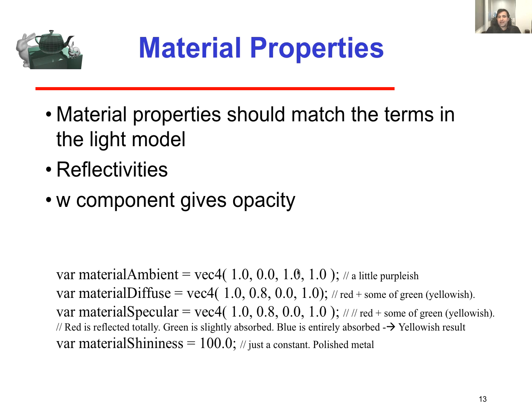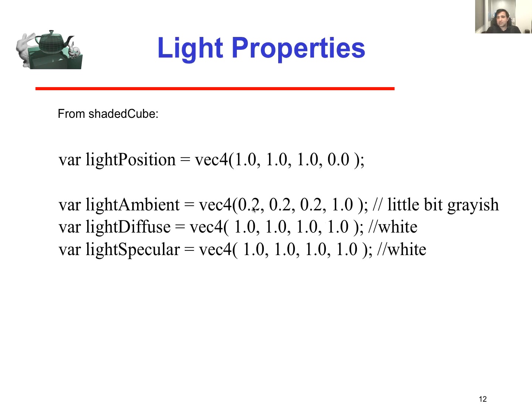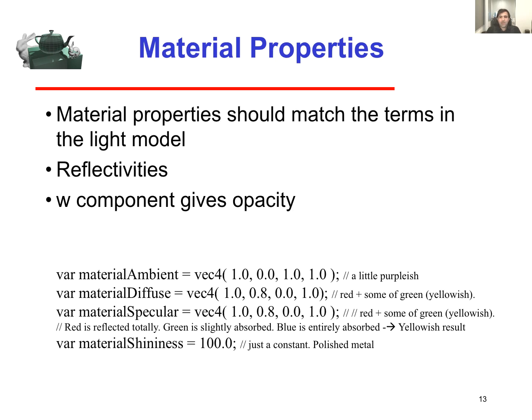Therefore, we're going to have a small amount of red, a small amount of blue, and that's going to give a little purplish color. And this purplish color is not going to be dominant because these coefficients are very small. And we have defined a good amount of red and green for diffuse and specular reflectivities.